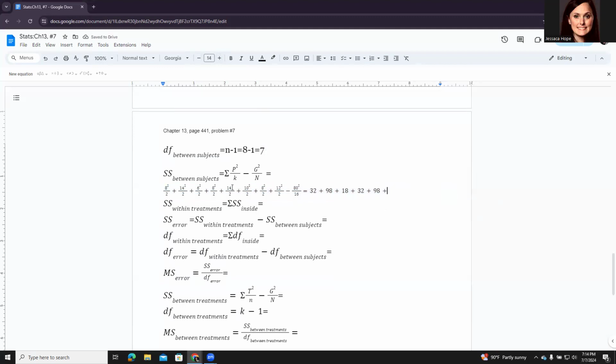So 14 squared, that's 98. So 10 squared is 100 divided by 2 is 50. 8 squared is 64 divided by 2 is 32. 12 squared is 144 divided by 2 is 72. And then minus 80 squared is 6,400 divided by 16.